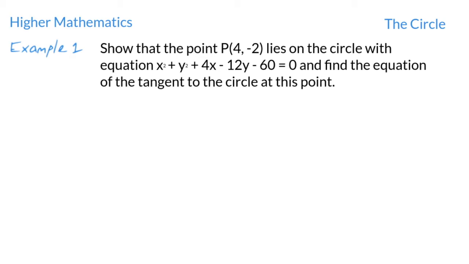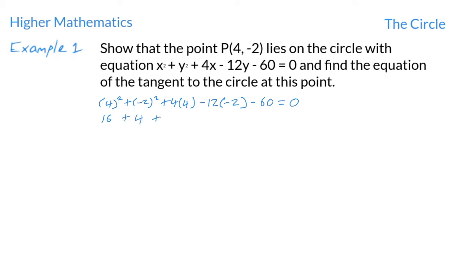So what we want to do is to substitute the point P, 4, -2, into the equation of the circle, just to show that that actually does satisfy that equation. So we substitute x is 4, y is -2, and if we calculate what we get on the left-hand side, it should equal 0. 4 squared is just 16, -2 squared is just 4.